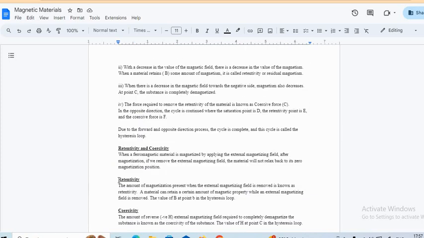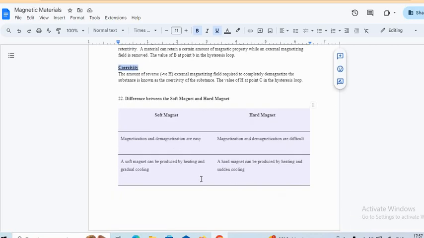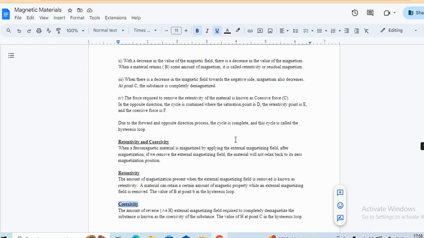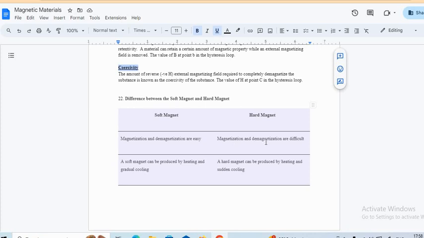Now I have just mentioned the idea about retentivity and coercivity. Depending on that area, one can divide the ferromagnetic material into soft magnetic material and hard magnetic material. Depending on the application, you can choose whether to take a soft or a hard magnetic material.